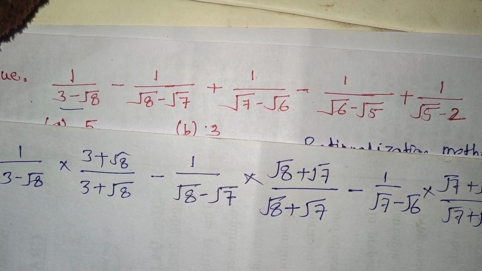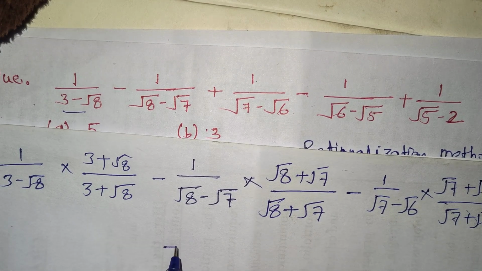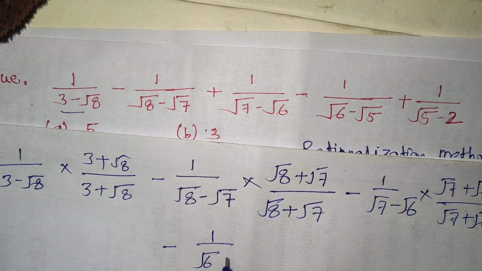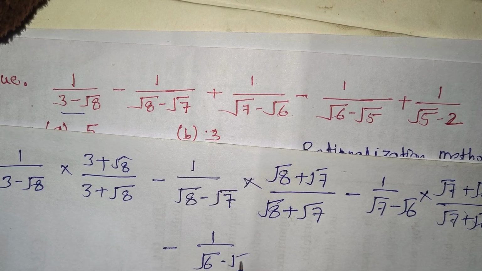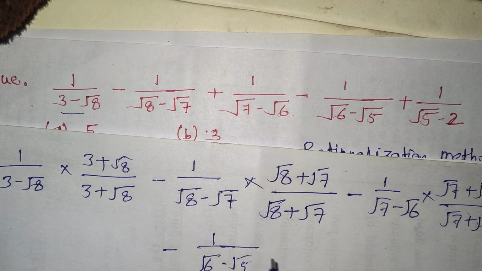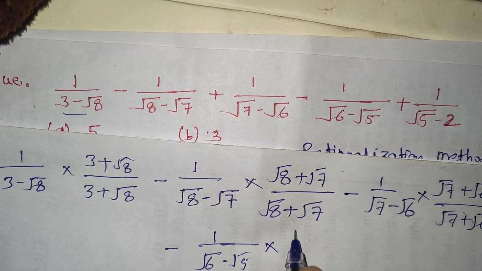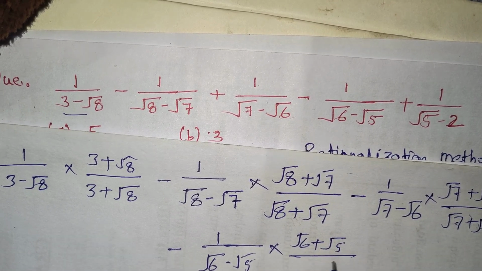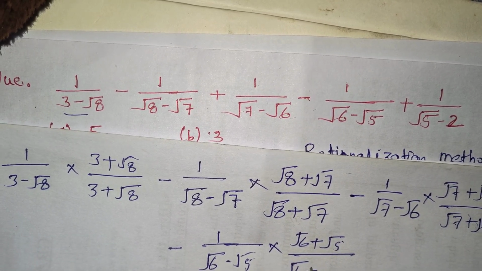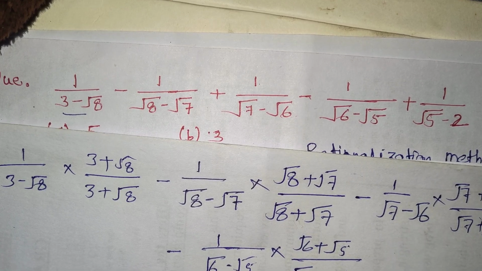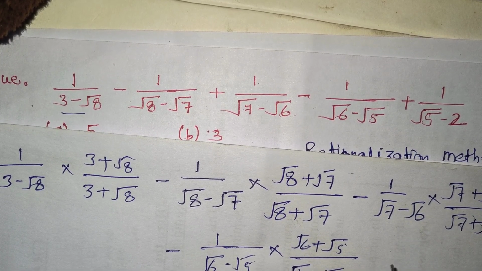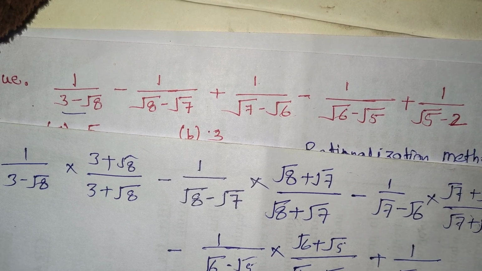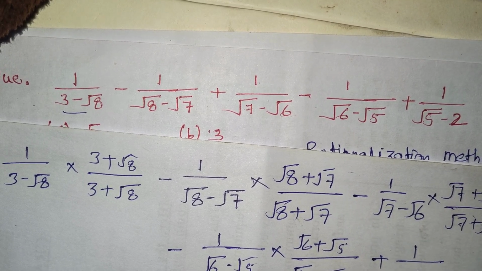Then next term is minus 1 upon root 6 minus root 5. Rationalize this by multiplying root 6 plus root 5 and root 6 plus root 5, plus the last term is root 5 minus 2.